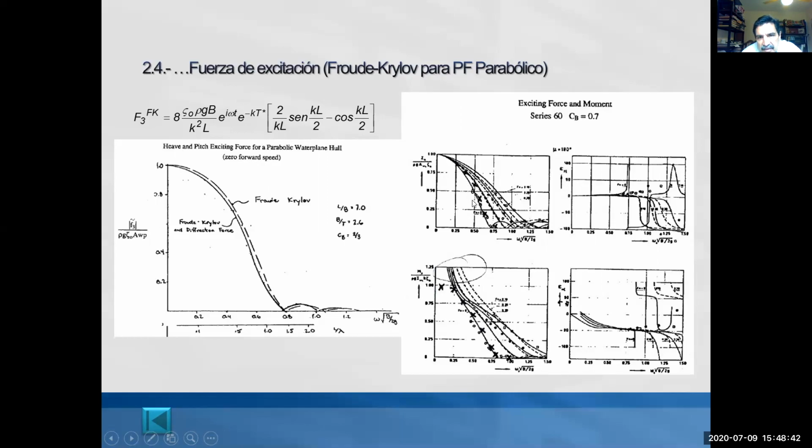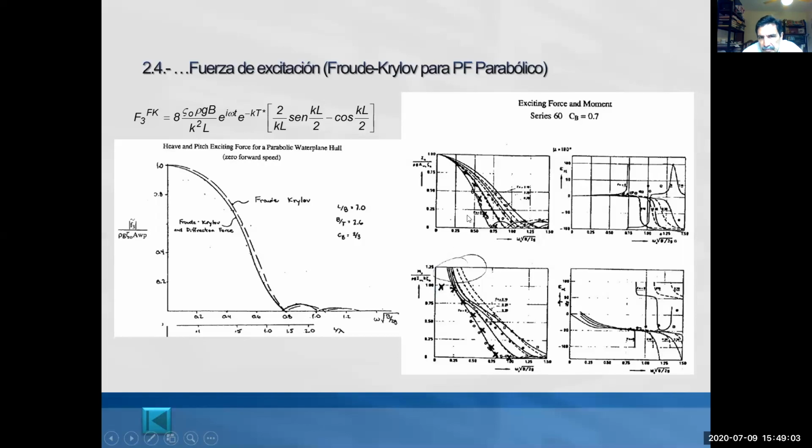And you see that this is a curve for no velocity. And you see that there is a very good relationship. So it is telling us this is for the force on heave. This is for the moment because of the pitch, in a non-dimensional way.